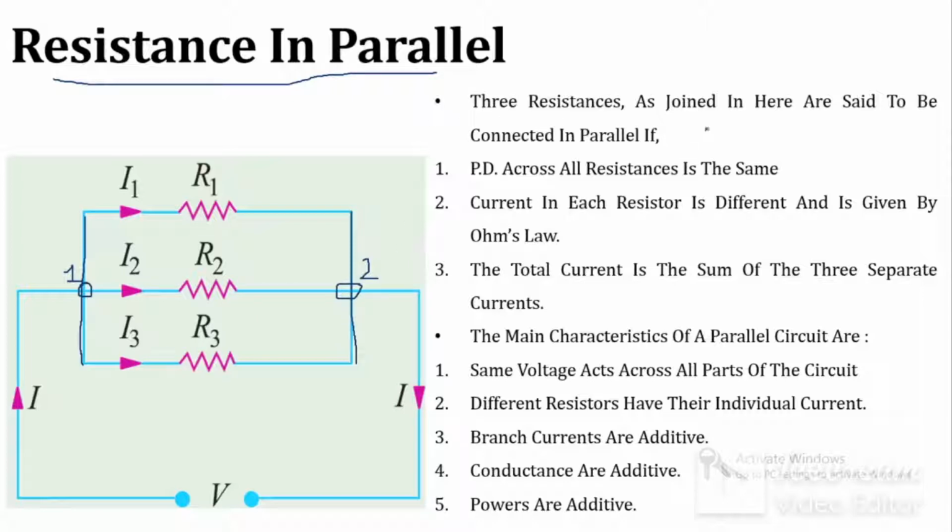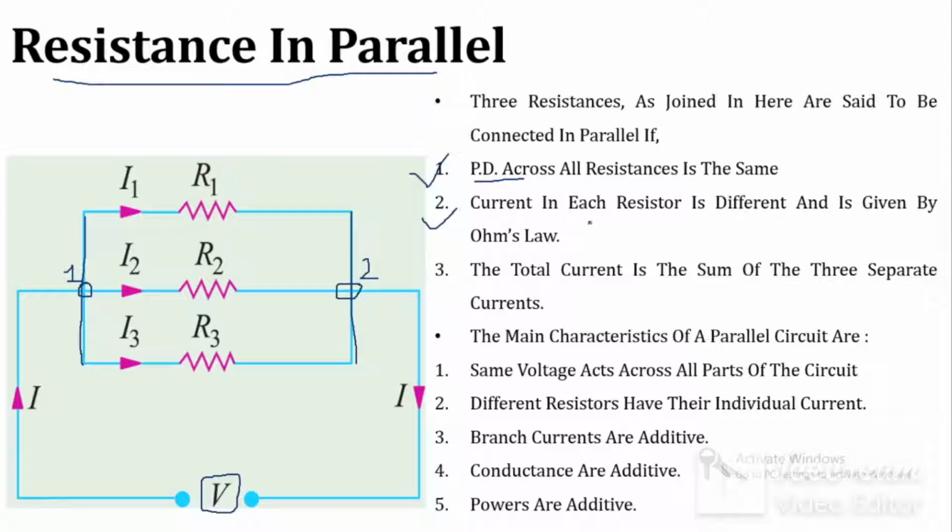So the resistances are connected in parallel if, first point, the potential difference across all resistances is the same. So here we can say that the battery of V volt is also connected at terminal 1 and terminal 2. So all resistances R1, R2 and R3 have the same potential, that is equal to V volt.